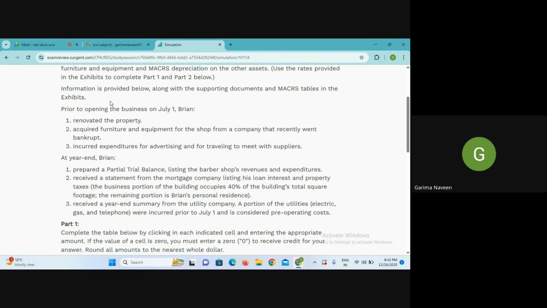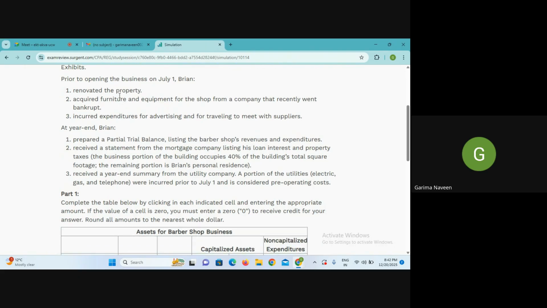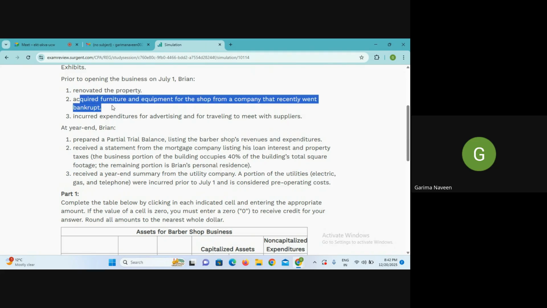Information is provided below along with the supporting document and MACRS table in the exhibit. Prior to opening the business on July 1st, Brian renovated the property, acquired furniture and equipment from a shop that recently went bankrupt, and incurred expenditure for advertising and for traveling to meet with suppliers.